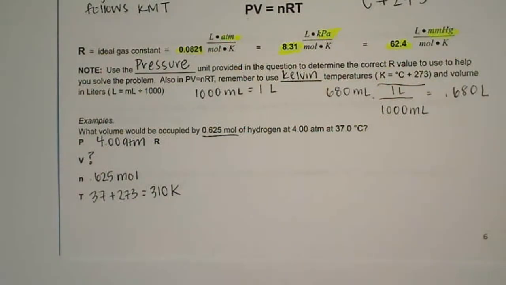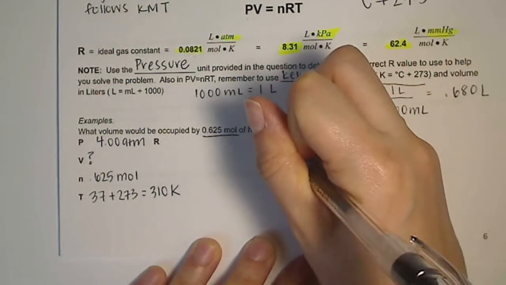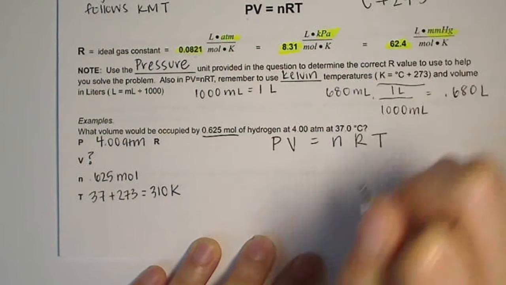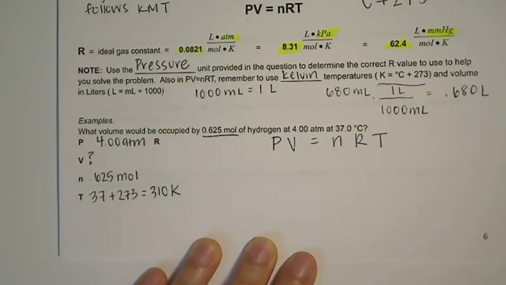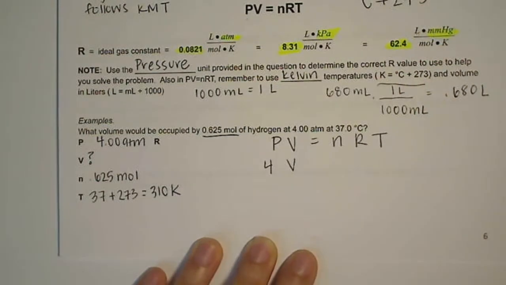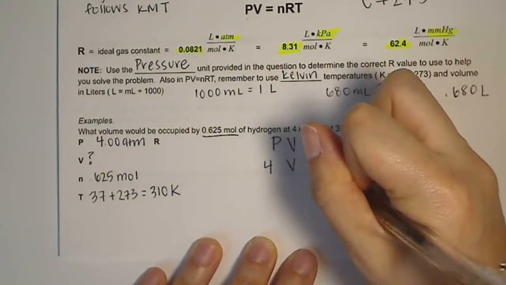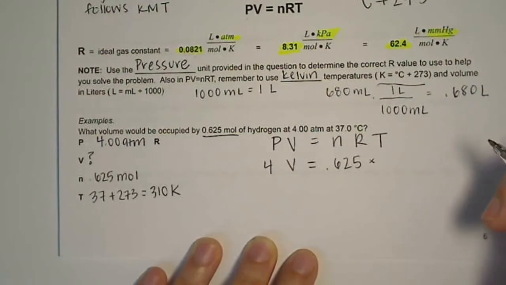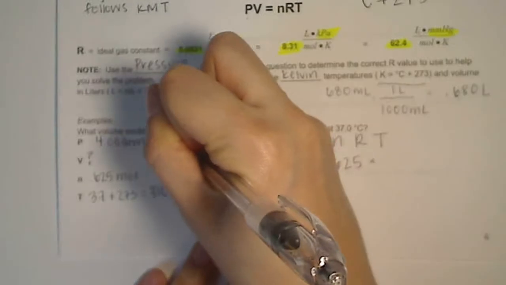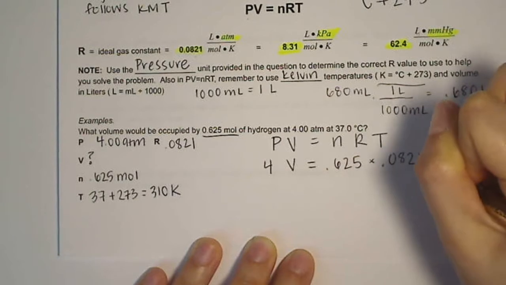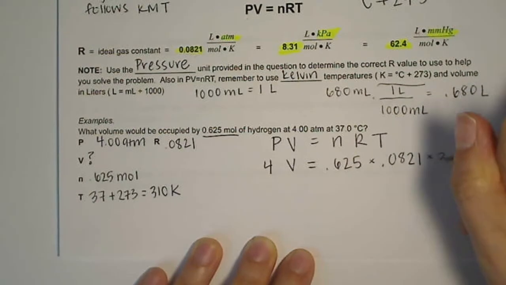So I'm going to plug it into my equation. I have PV equals nRT. My pressure is 4. V, I don't know what it is; I'm solving for V. My number of moles is 0.625. My R is 0.0821, and my temperature is 310.